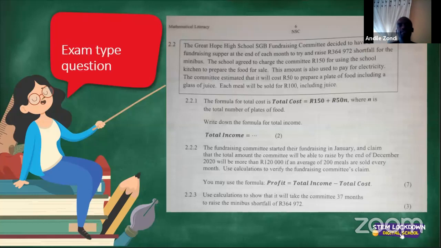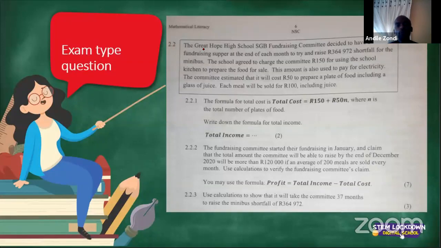Okay, here is a very, very nice, challenging question. This exam type of question is taken from the March test for grade 11s at KwaZulu-Natal. It's very, very nice and challenging. Obviously, since it's 2.2, that means it is a continuation of 2.1.